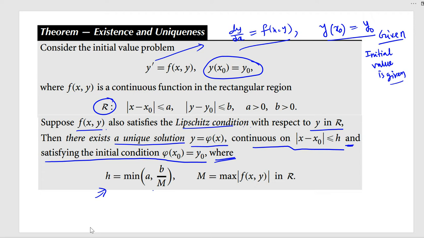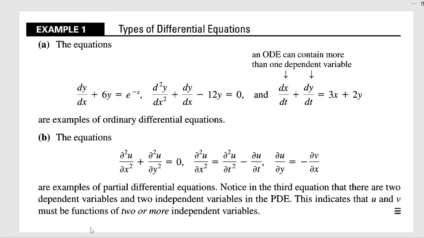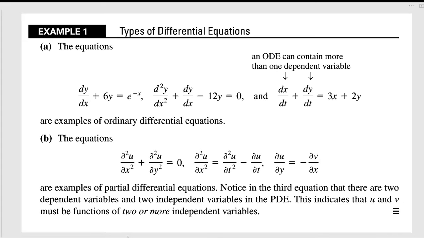It may have many other solutions, but existence should be verified, whether it has existence or not. Okay, so with this theorem we will move to classify, or study, the different types of differential equation.